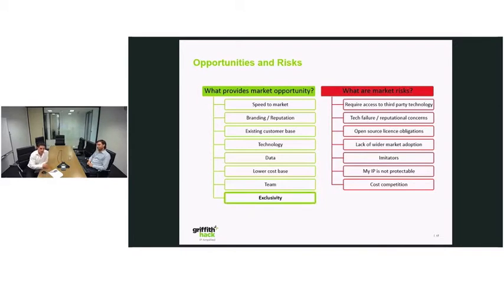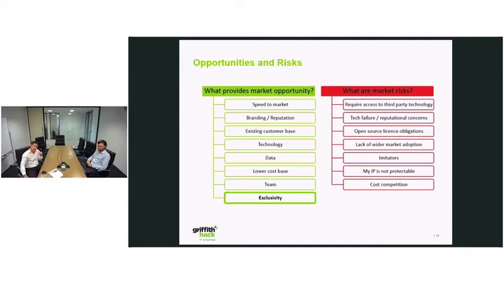So the first one that we pulled up is exclusivity. So you've got a new product line coming out, you're in the fintech space, and you're saying, this is going to work for me in terms of delivering against my business model, but really only if I'm the only one that can offer this within the marketplace. If other competitors start to offer this particular product, then that's going to start eating into my market share.